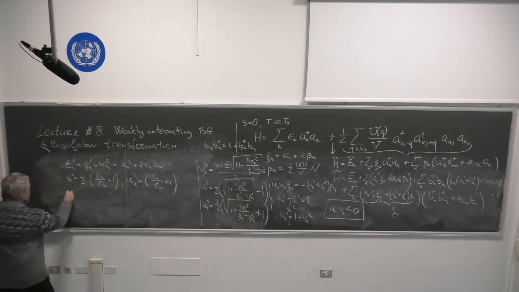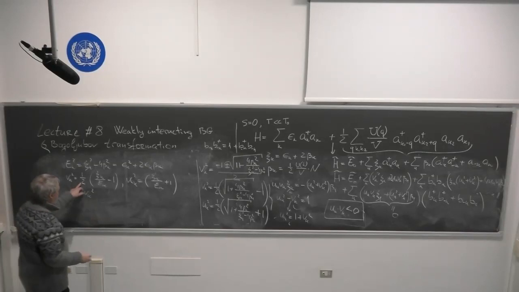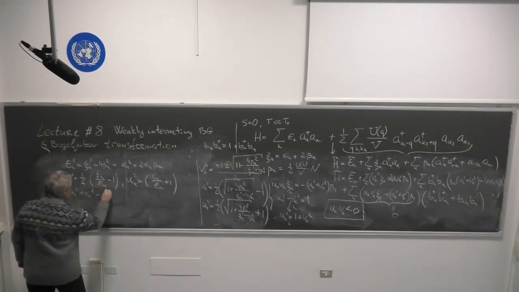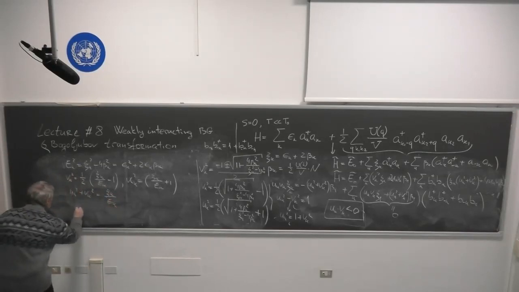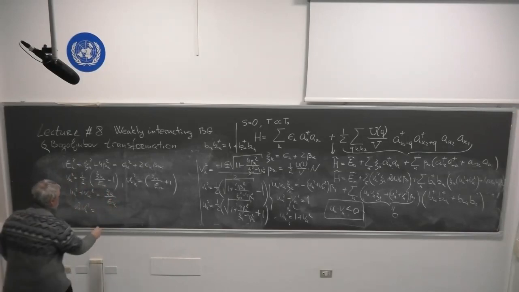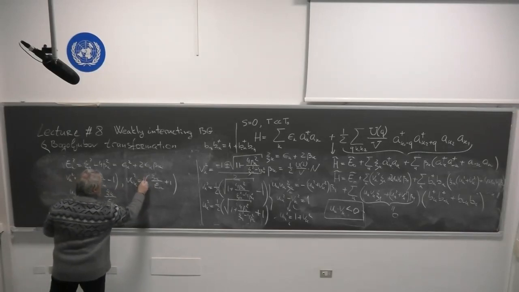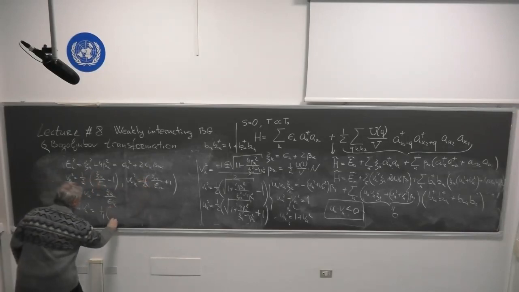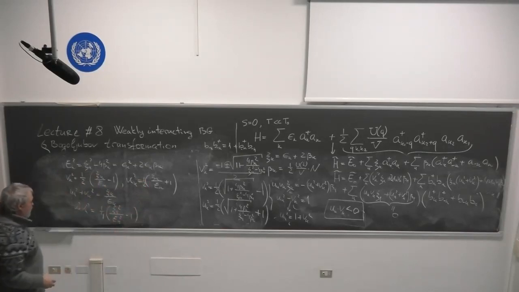Then uk squared plus vk squared is equal to psi k over ek. Right? uk squared times vk squared is equal to 1/4 of the product of these, so there is 1/2, sorry, 1/4 psi k squared over ek squared minus 1.